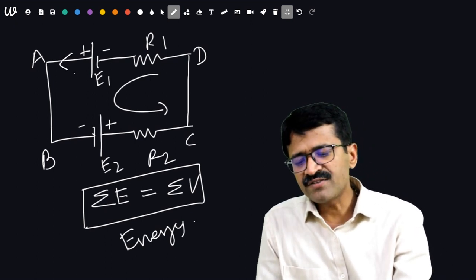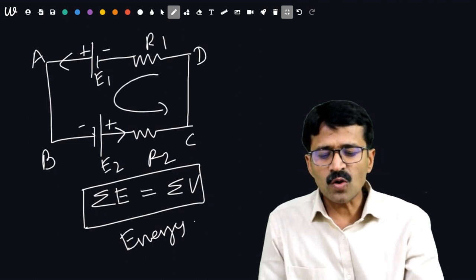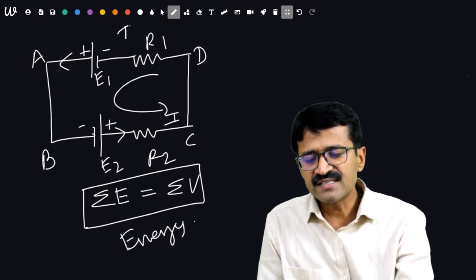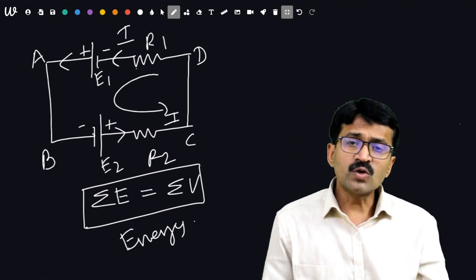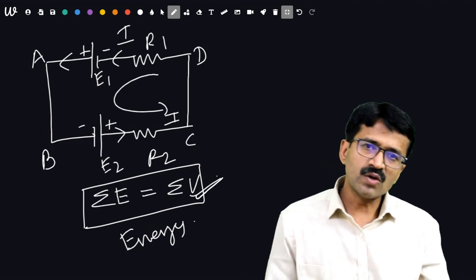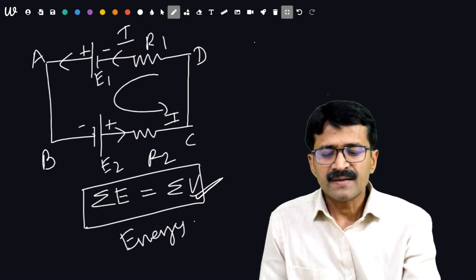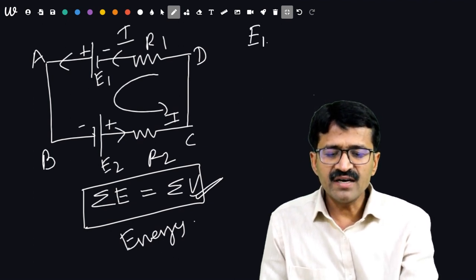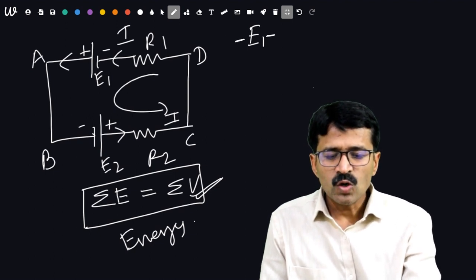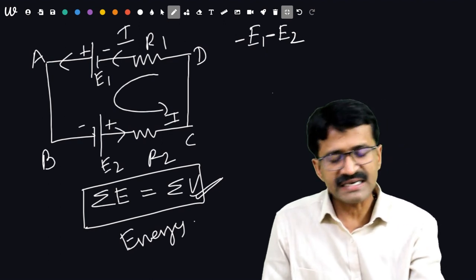The first cell gives current in this direction, the second cell also in this direction, so overall current will flow in this direction. Suppose it is I. Then how do we make the equation according to this formula? Sigma E is equal to sigma V. All EMFs are taken along the direction, so E1 is taken negative and E2 also negative. Along the direction of current we have to take a negative sign.